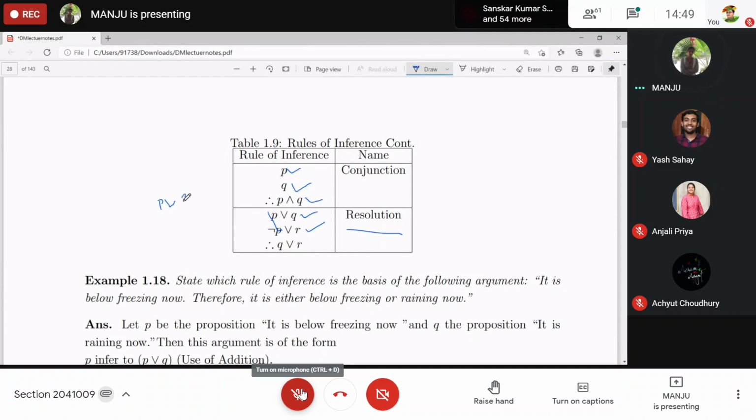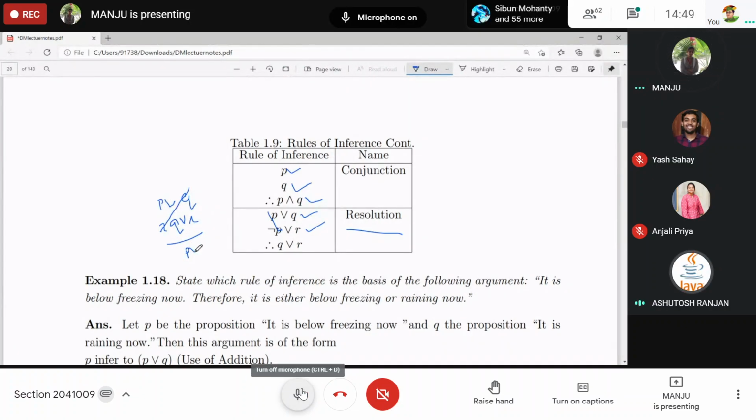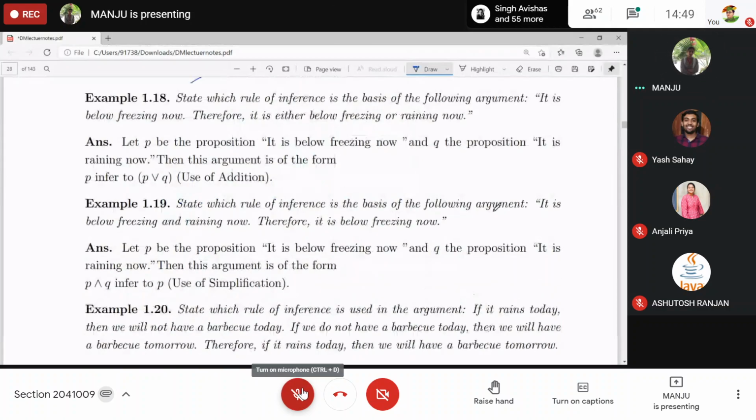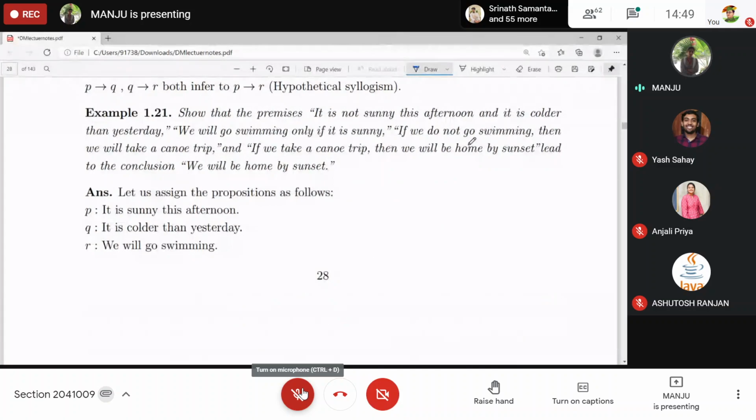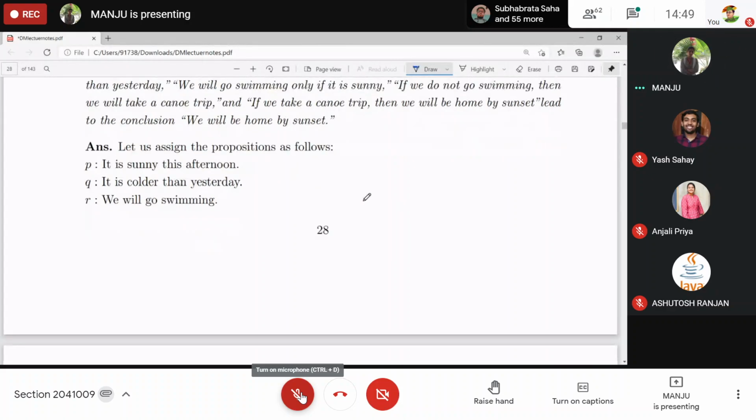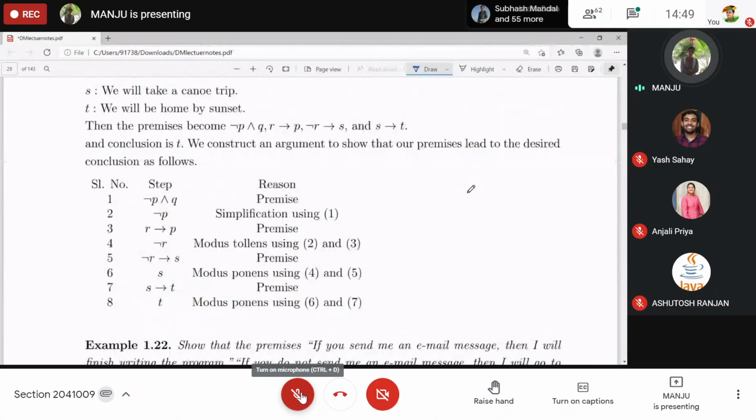Then you have P disjunction Q, negation Q disjunction R. In that sense, Q and negation Q can't exist together. That's why P disjunction R will be the conclusion. Then we did this: which rule of inference is the basis of these arguments. And we use more than one or two rules of inference to get the conclusion from the given premises, from the given hypothesis.